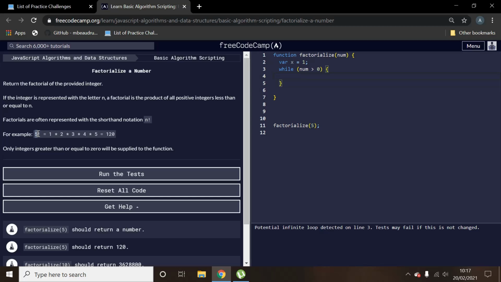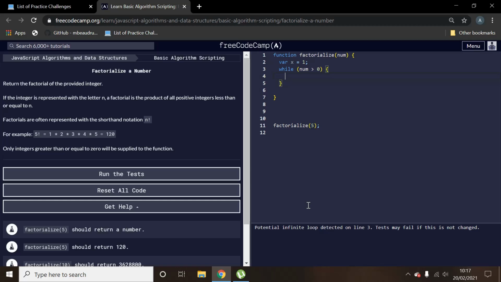If the num is 5, it will start from 1, multiply by 2, by 3, by 4, until it reaches num, which is 5. So the condition is that num has to be greater than 0, so at least 1.